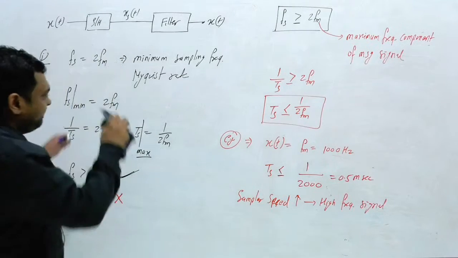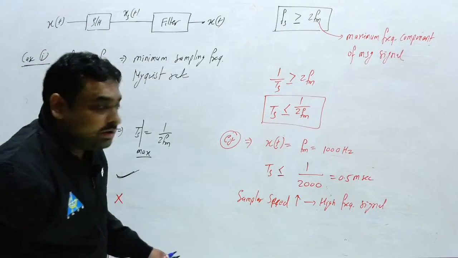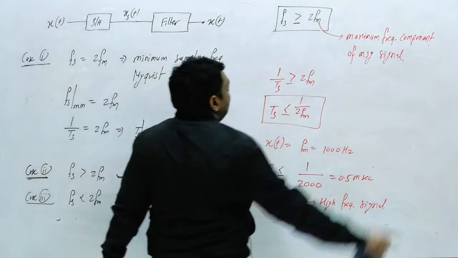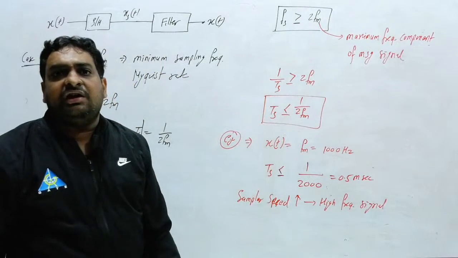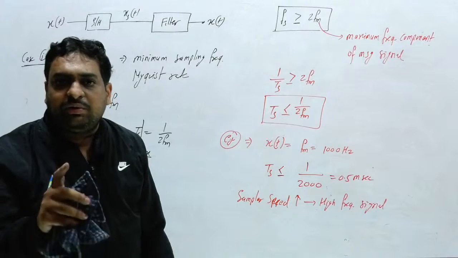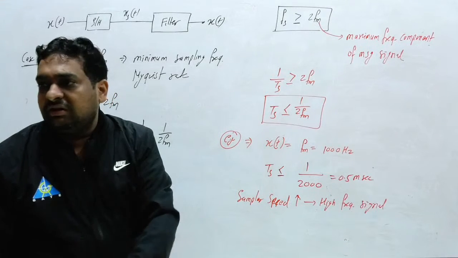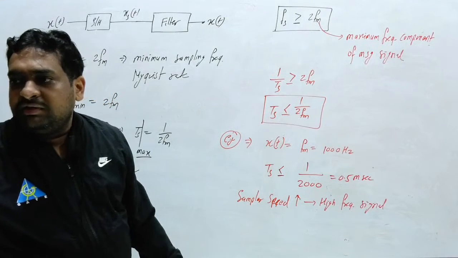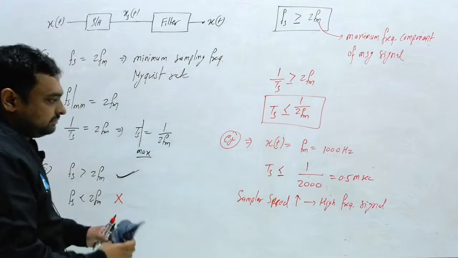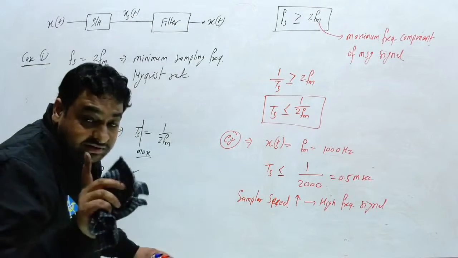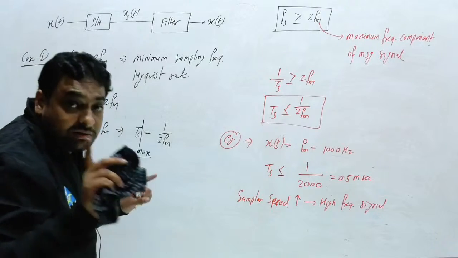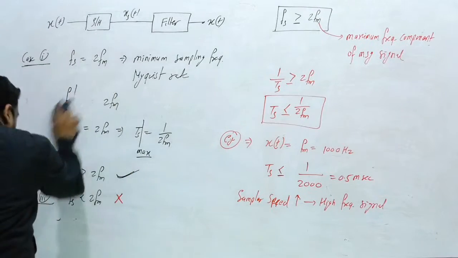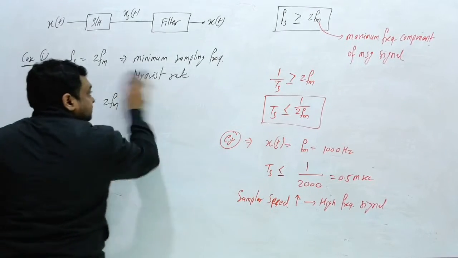Getting this? I hope the fundamentals are very clear to all of you. You should know this relation: the sampling frequency should be greater than or equal to twice the highest frequency component of the message signal. But this basic fundamental concept should also be clear.